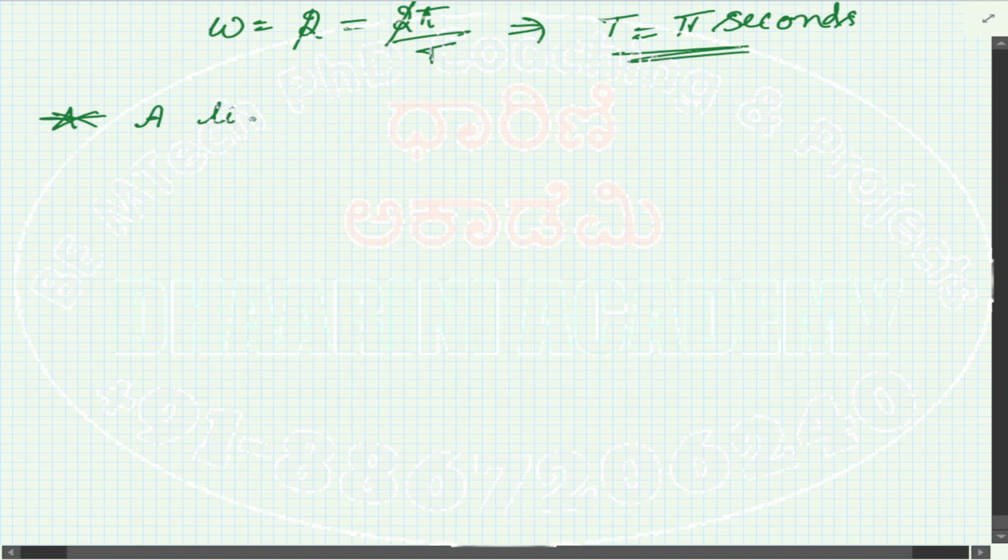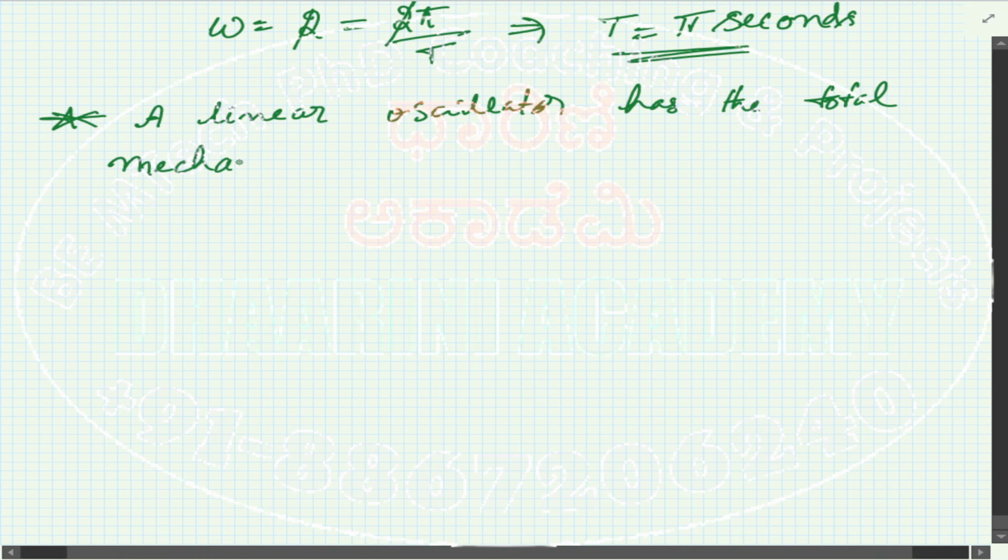A linear oscillator has the total mechanical energy of 200 joules.